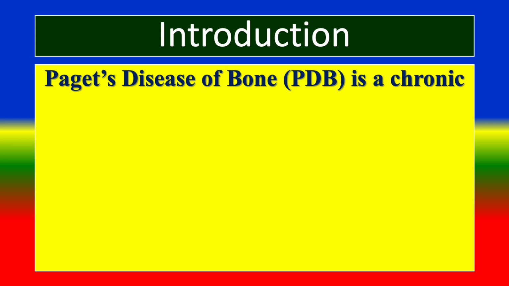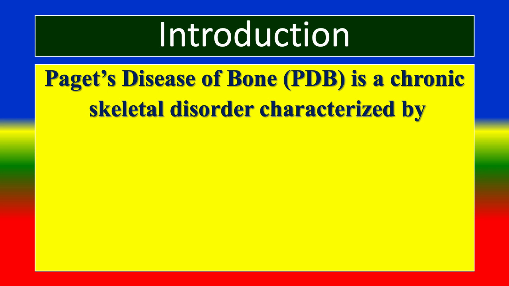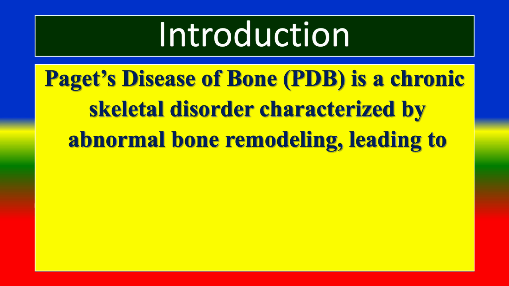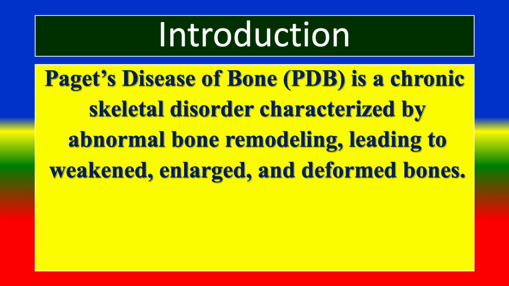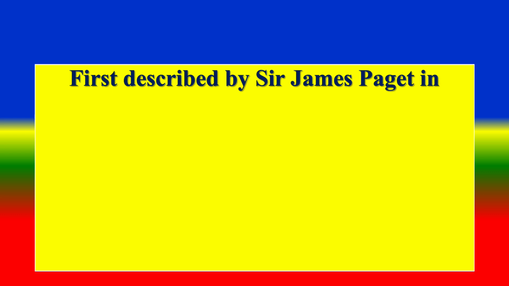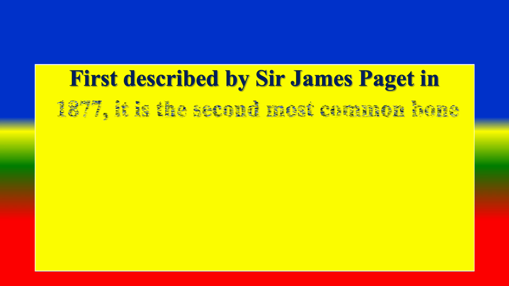Paget's disease of bone is a chronic skeletal disorder characterized by abnormal bone remodeling leading to weakened, enlarged and deformed bone. First described by Sir James Paget in 1877.